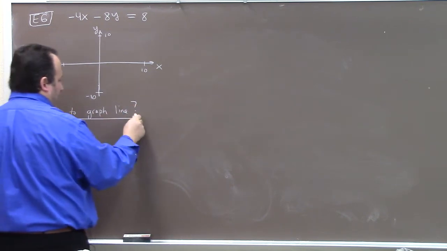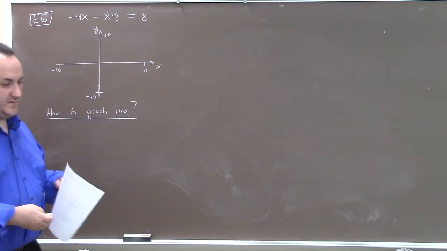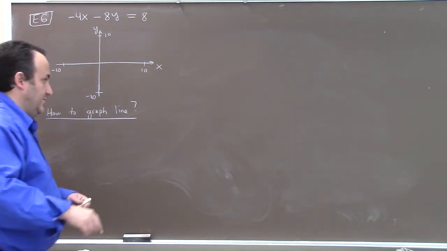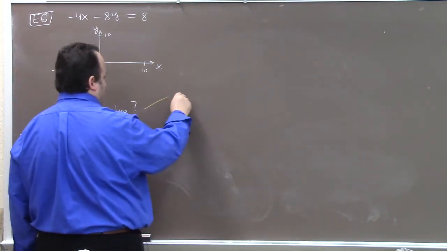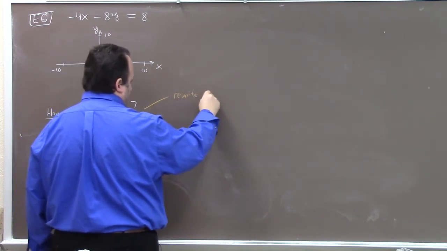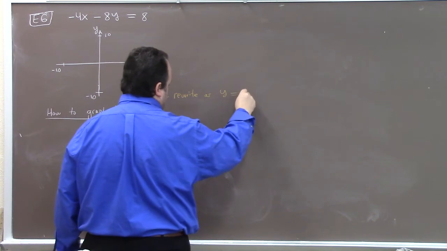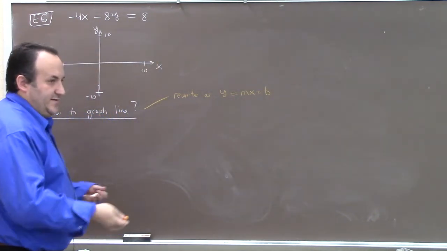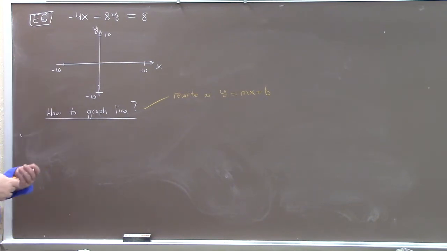So I can think of a number of different strategies, right? One strategy would be to rewrite it as y equals mx plus b, and then we know the y-intercept is b, and then we can do rise over run to figure out the next point from the slope, yeah?